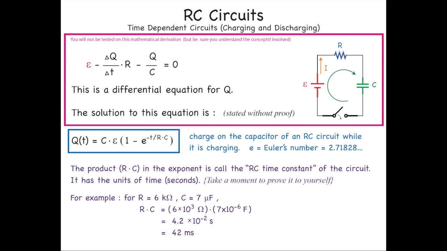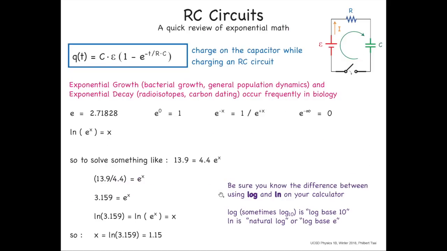Now that does not mean that the capacitor becomes fully charged after just 42 milliseconds. So to understand this, let's take a look at the mathematics of exponential behavior. For those of you who are comfortable using exponentials, logs and natural logs, you can skip ahead a few minutes to the next slide.